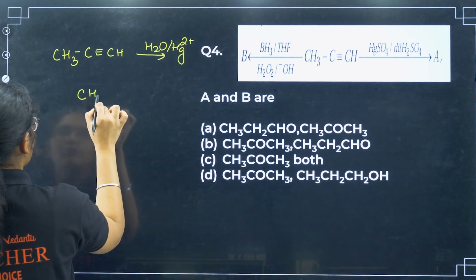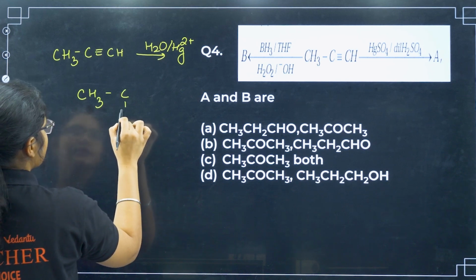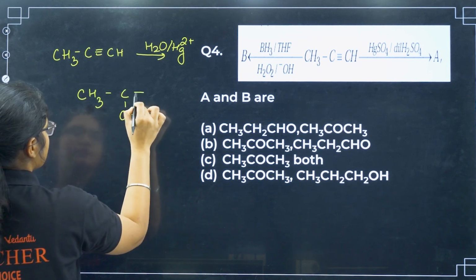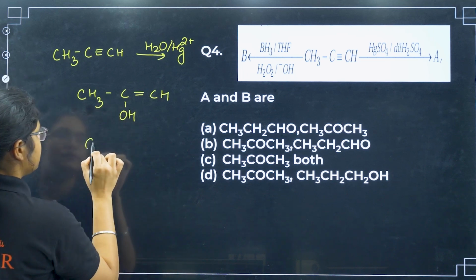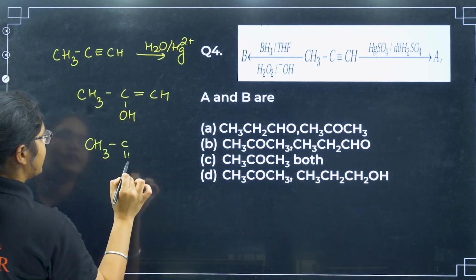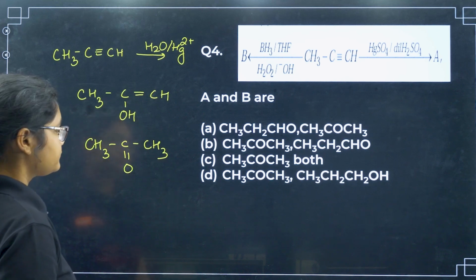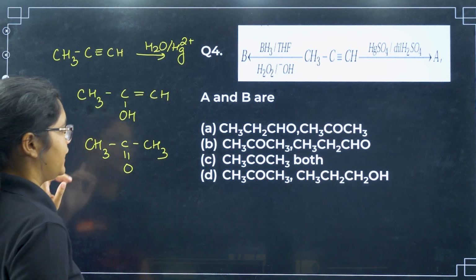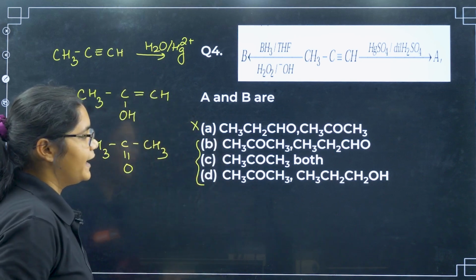Water will be added following Markovnikov's rule. Okay, so I will get here OH, following Markovnikov's rule. Now what will happen? Tautomerization will take place and you will get CH3COCH3. Okay, this one will give you acetone. So A is acetone. I have all these three options. This one I can eliminate.